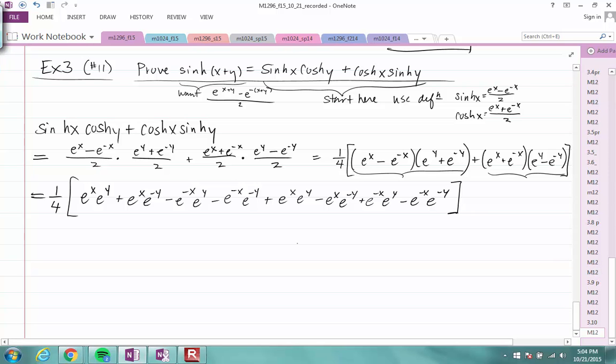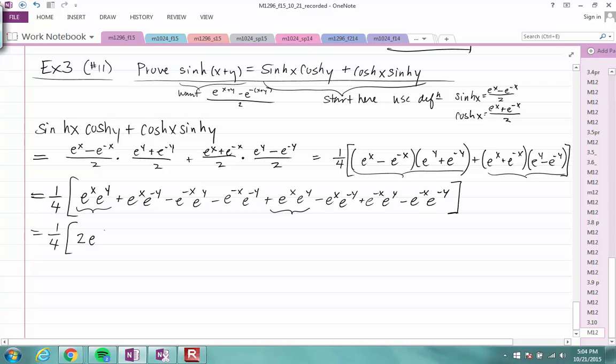So see if you can combine some like terms here, because we can simplify each of these terms, but if they go away or they combine, that saves us on some writing. So e to the x, e to the y, anything exactly e to the x, e to the y? Yep, we got that one. The rest of these got some negative in there. So those two will combine to 2 times e to the x, e to the y, which, by the way, let's simplify that too at the same step.